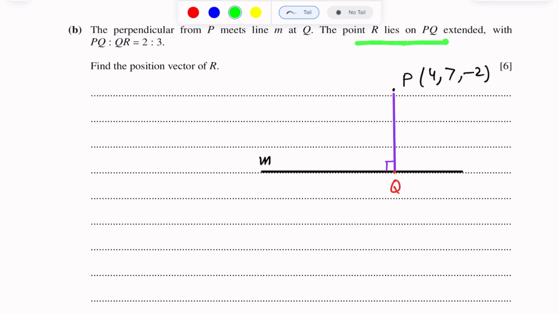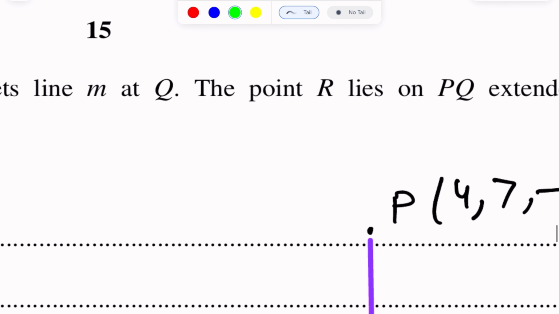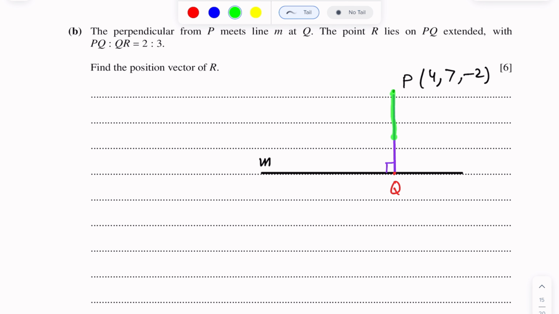Sorry, R lies on PQ. The point R lies on PQ extended. When we extend this PQ line, R may be here. We have to find the position vector of R. Since these two lines, line M and this line PQ, are perpendicular, the dot product of the direction vectors of these two lines is equal to 0.